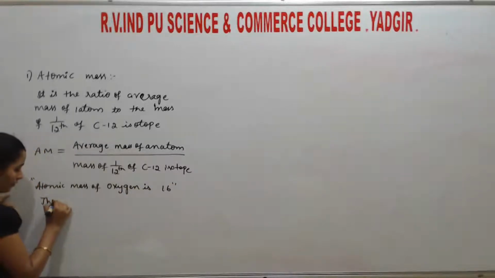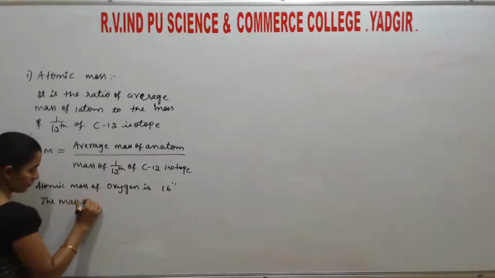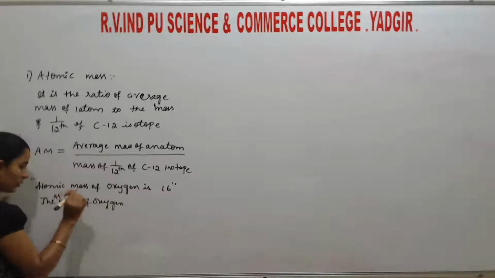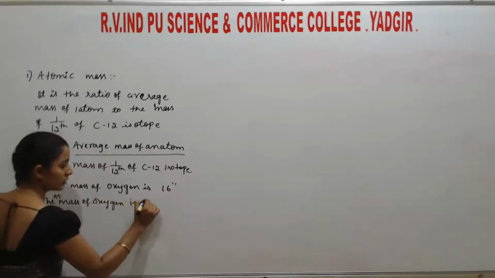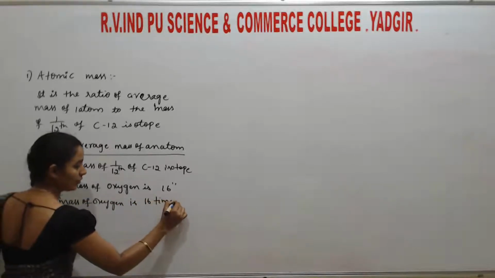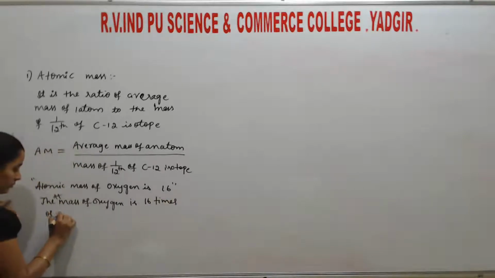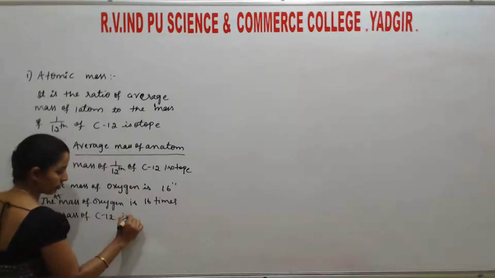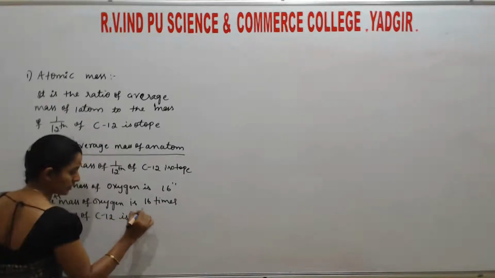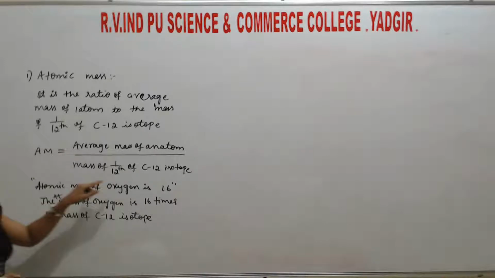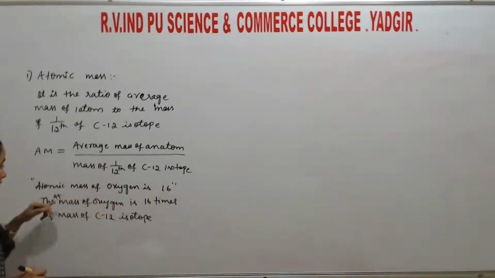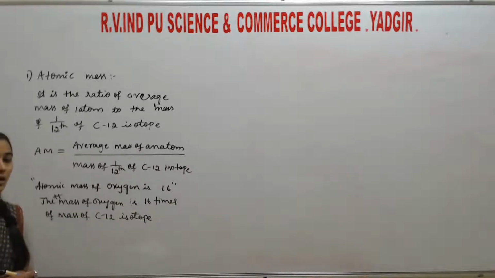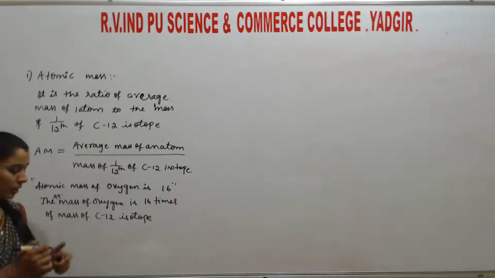The mass of oxygen, especially the atomic mass of oxygen, is 16 times the mass of the C12 isotope. This is the reason. The atomic mass of oxygen is 16 means the mass of oxygen is 16 times the mass of 1 by 12 of the C12 isotope. Okay. So next.